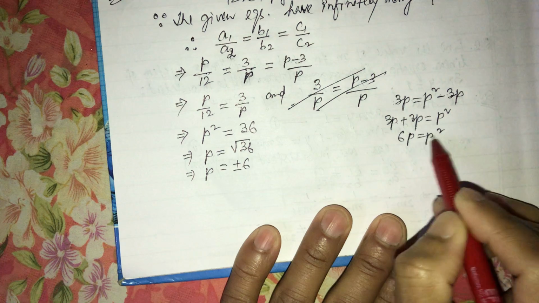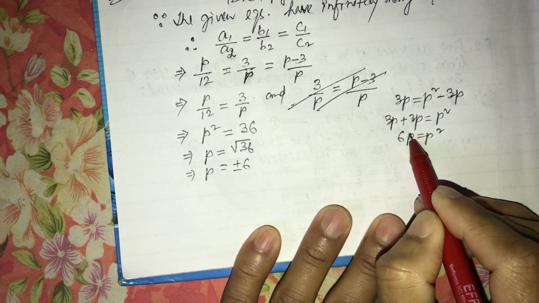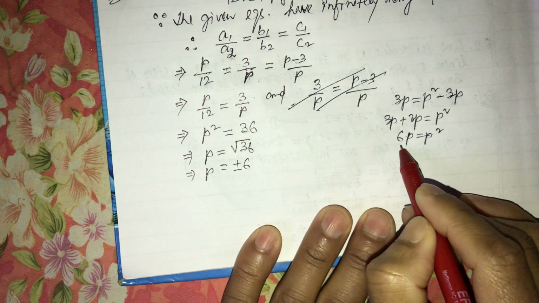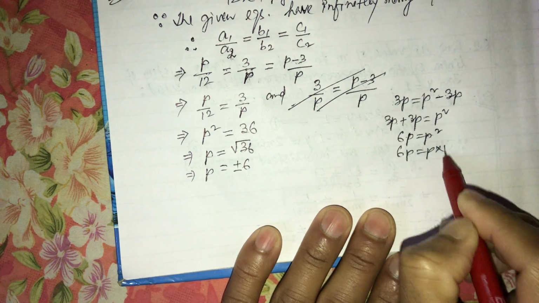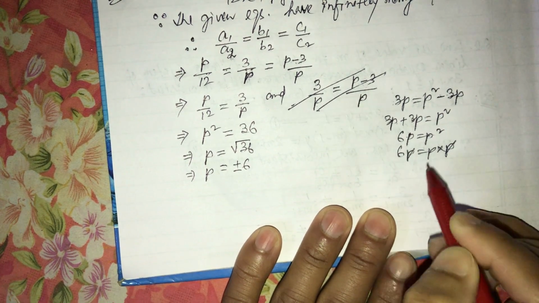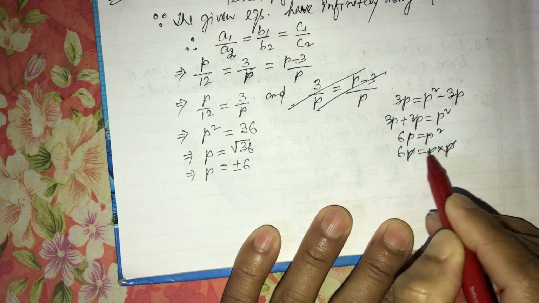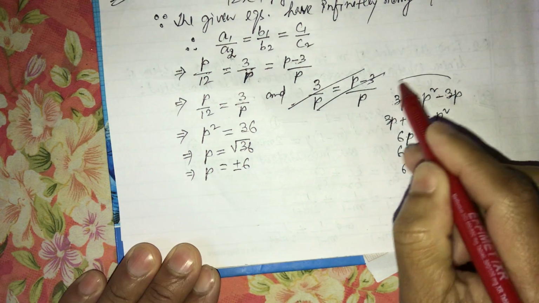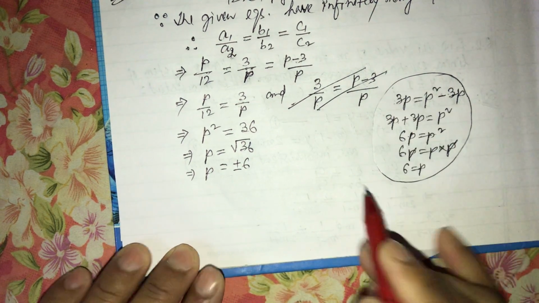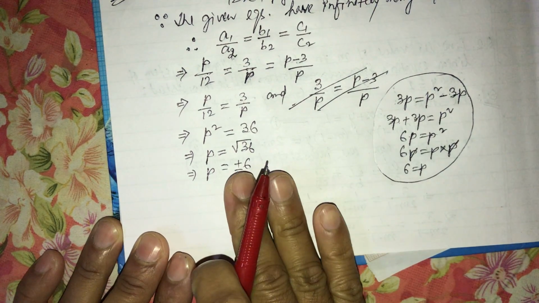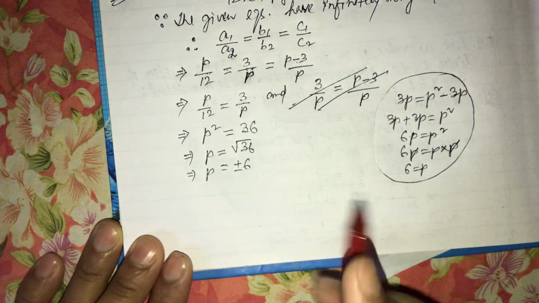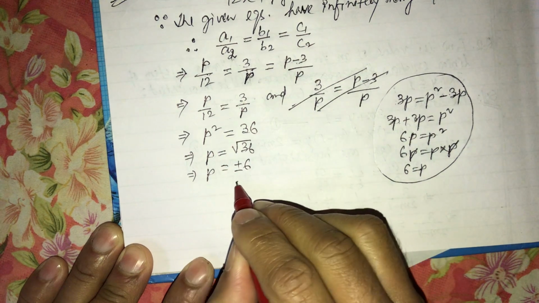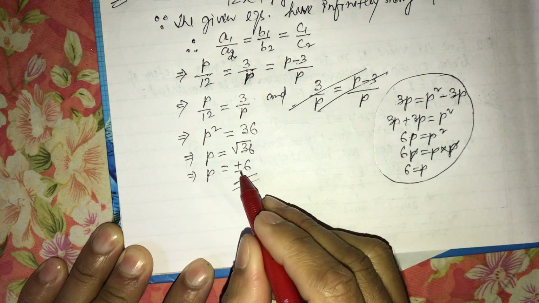In both sides we have p common, so 1p and 1p get cancelled, and we get p equal to 6. See, you'll get the same value. So that's why we don't need to solve both. If you solve any one of these two, you'll get the answer. So directly we can conclude that p equal to plus or minus 6.